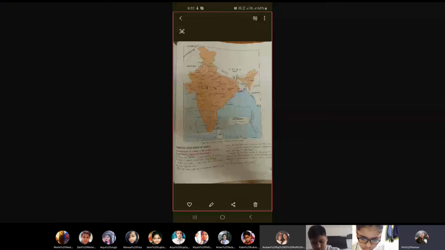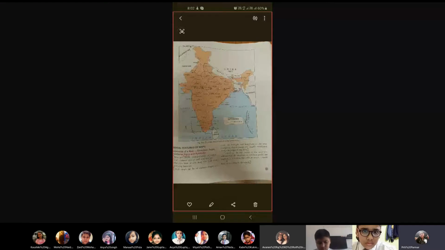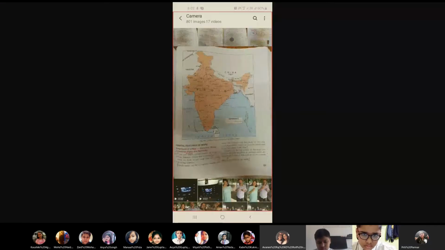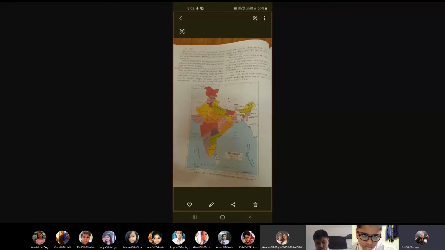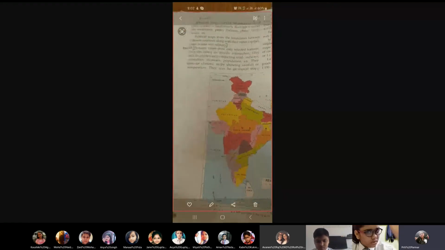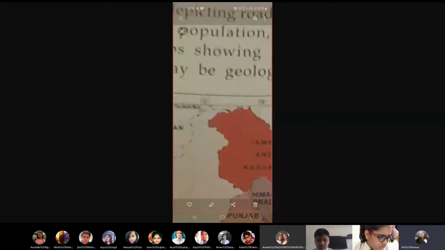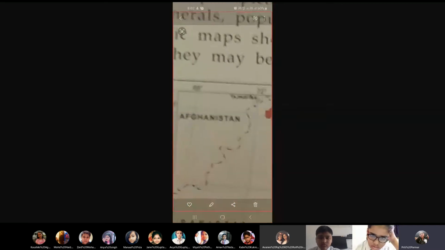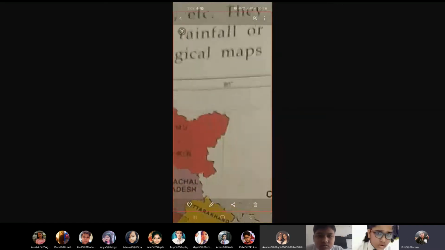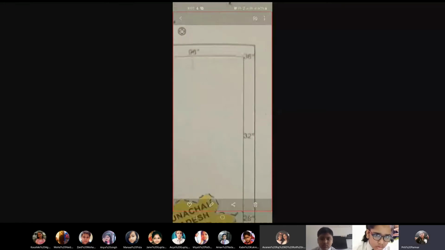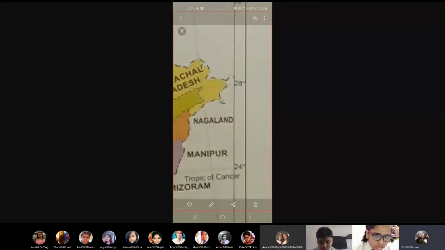Now, if you see the edges of the map, you will see that the longitudinal and latitudinal degrees are written. Can you see these numbers on top? These are the degrees, okay? And these are the latitudinal degrees.